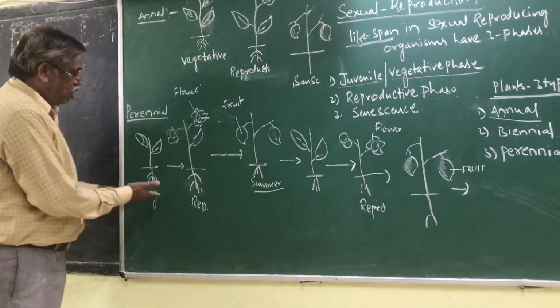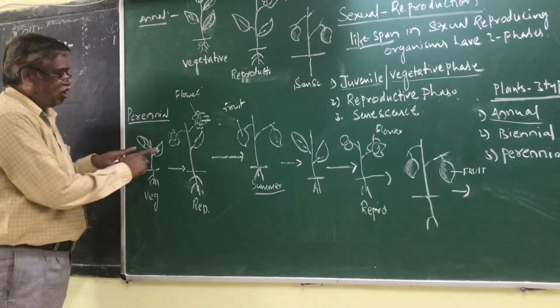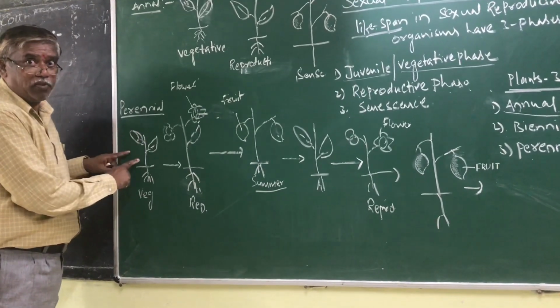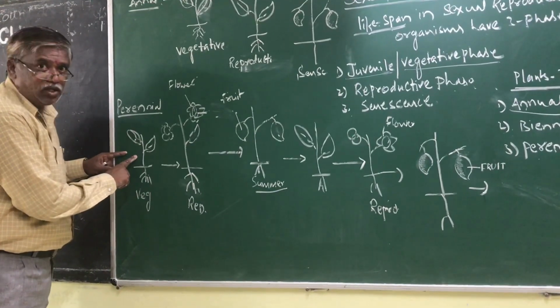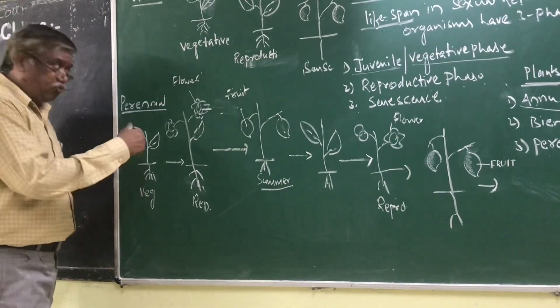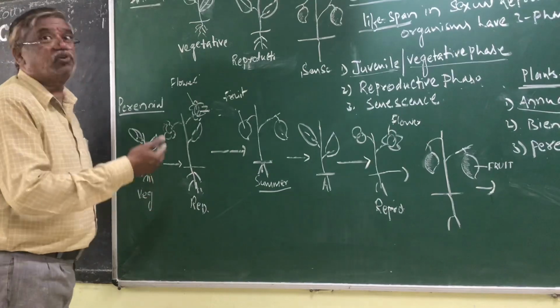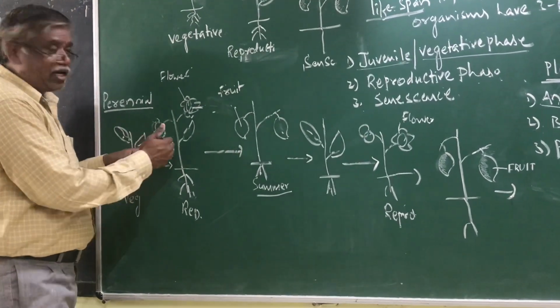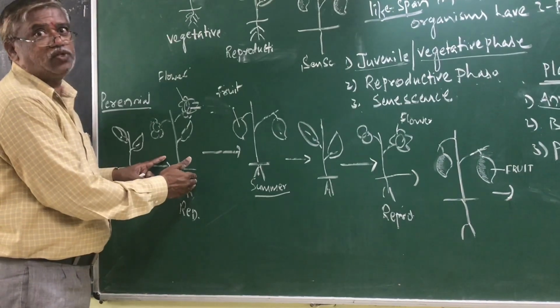After 1 month, it is a baby plant. Seed, baby plant. Leaves are there, flowers are not there. Now this baby plant, in which phase? Vegetative phase. After 2 years, flowers will be there. That means it is entering the reproductive phase.